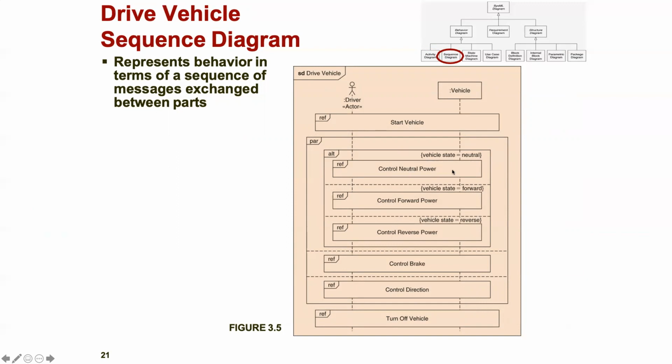Are you going to be putting the vehicle into a neutral state, going forward or going into reverse? You can be controlling if you're going to be applying the brake or not, or the direction, and turning off the vehicle. So this is still a relatively high level in terms of the sequence.